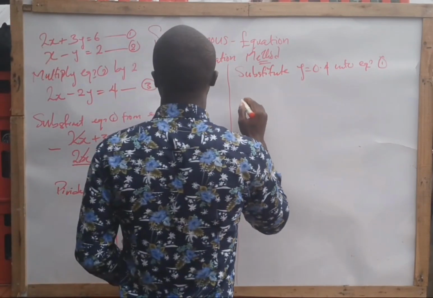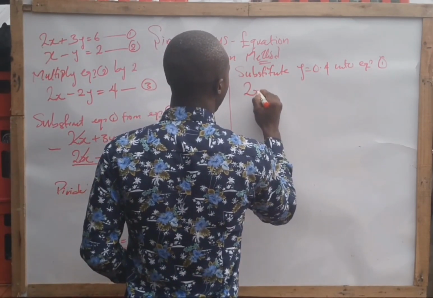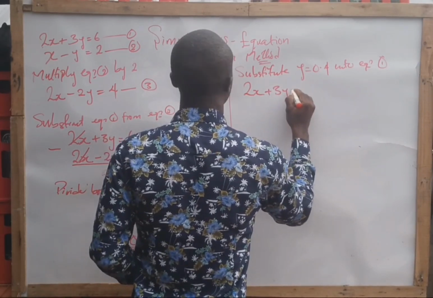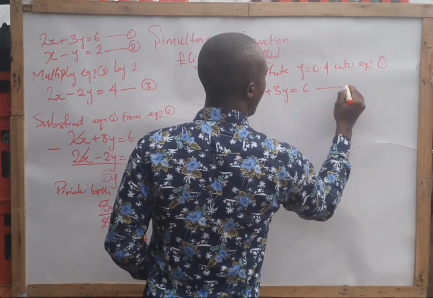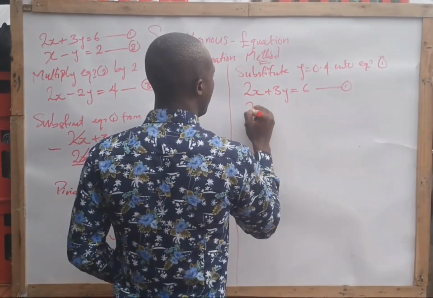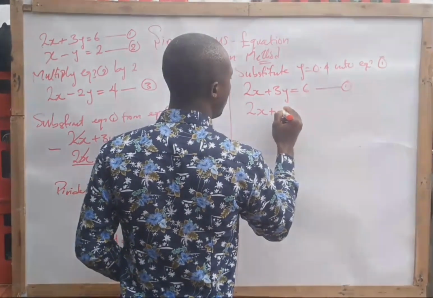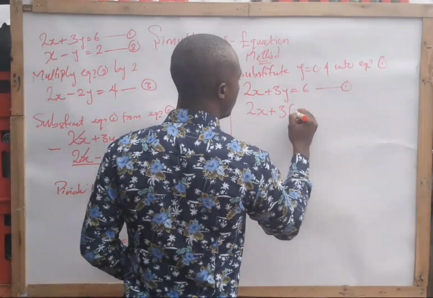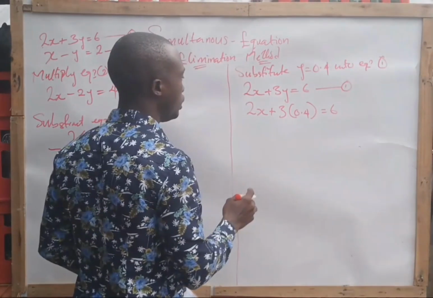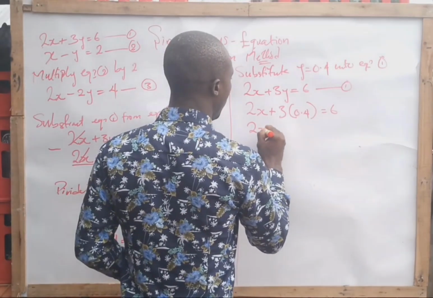So our equation 1 is what? 2x plus 3y equals to 6, which is our equation 1. So substituting, we have what? 2x plus 3 into bracket 0.4 close bracket equals to 6.